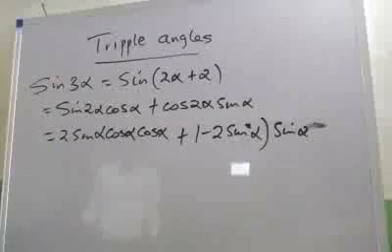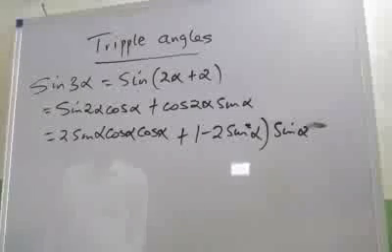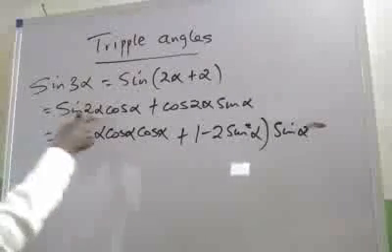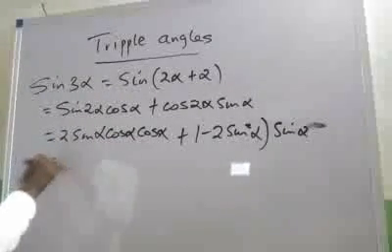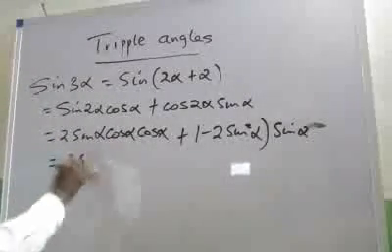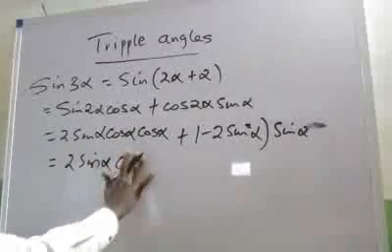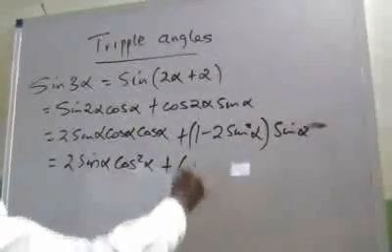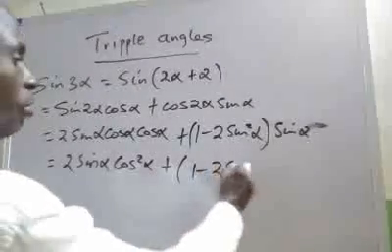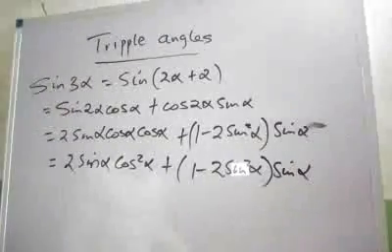If you simplify this very well, remember that sine 2 alpha is 2 sine alpha cos alpha from our previous study. So this will give you 2 sine alpha cos square alpha plus 1 minus 2 sine square alpha times sine alpha.